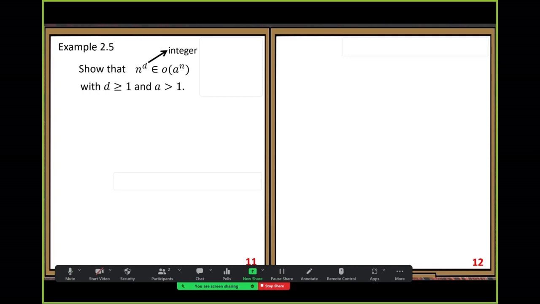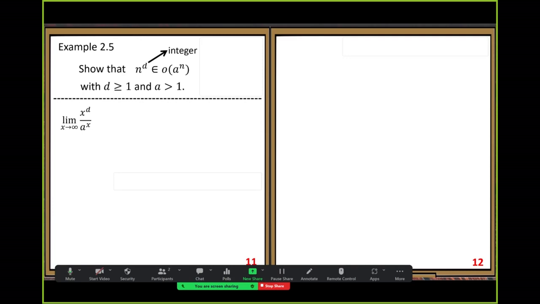All right, how to do it? Little o, we need to take the limit. When you see little o, the only way is to use the limit method. But we need to use a continuous variable.